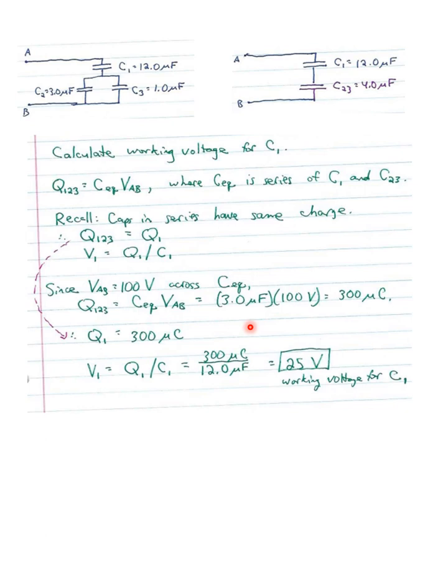That's the charge on our collective capacitor, and it's also the charge on this capacitor right here. Then we can figure out the working voltage: V1 is Q1 over C1, so 300 microcoulombs divided by 12 microfarads is 25 volts. So that's the working voltage for C1.